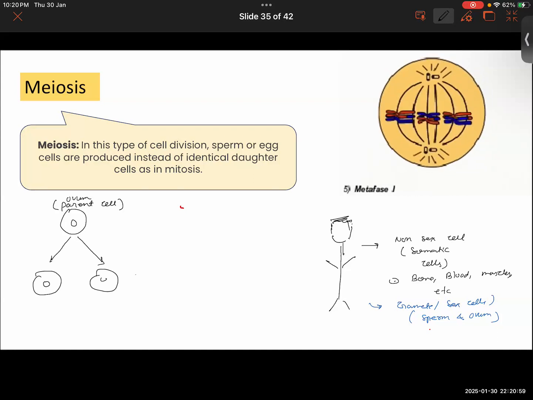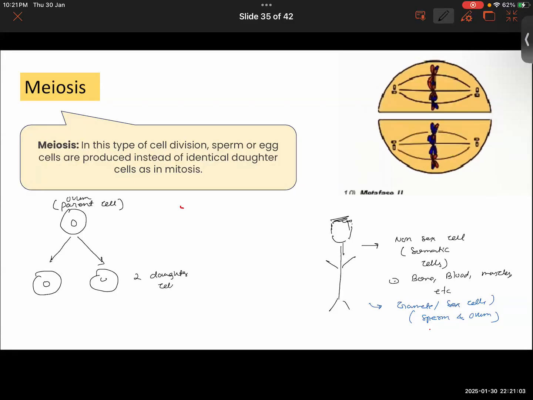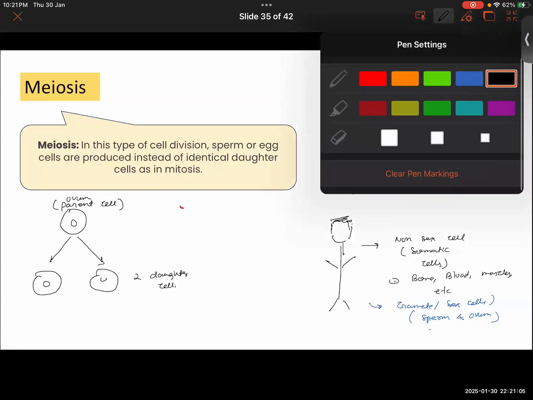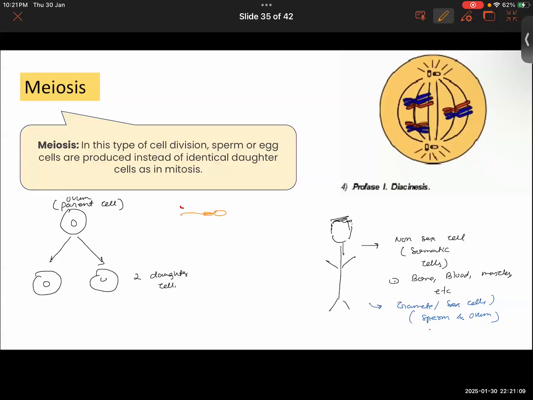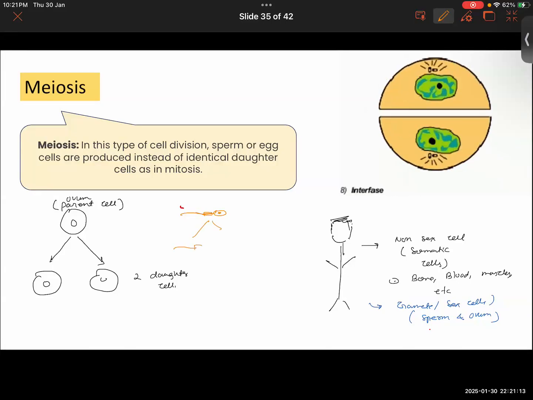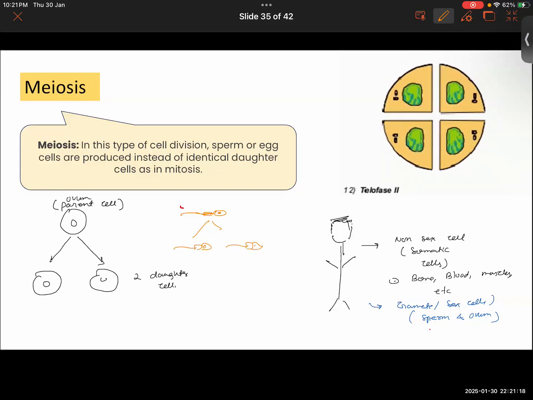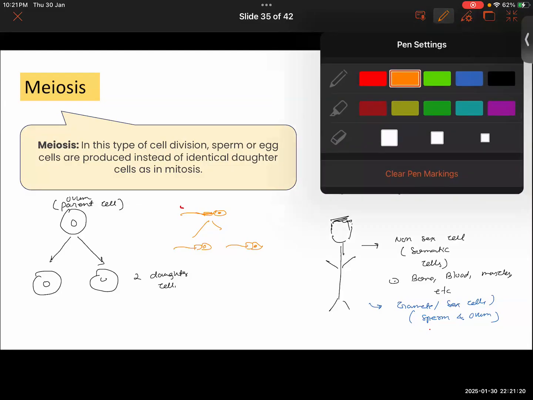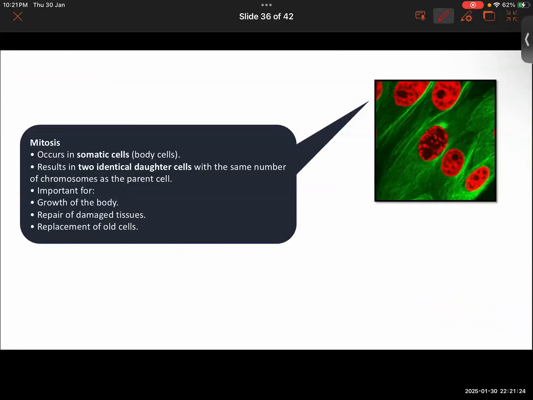So these are two daughter cells. In a similar manner, the sperm also does cell division. So this will also split up into two different parts like this. So these are the examples of cell division, and that is basically meiosis.